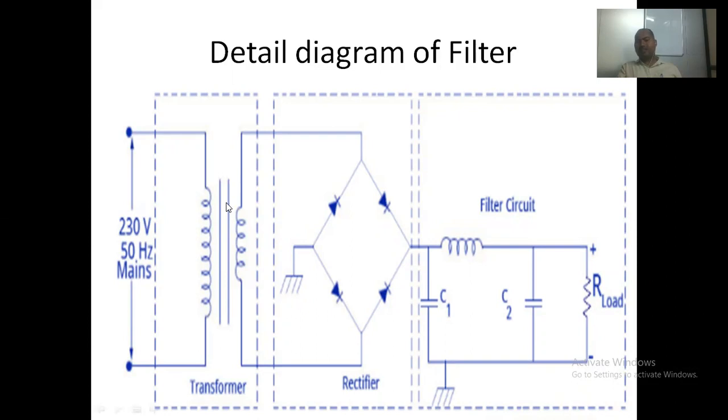Is it correct? Yes. The connection between primary and secondary is not direct. There is a flux linkage with respect to your winding. So that's why primary has high winding, and secondary has low winding.